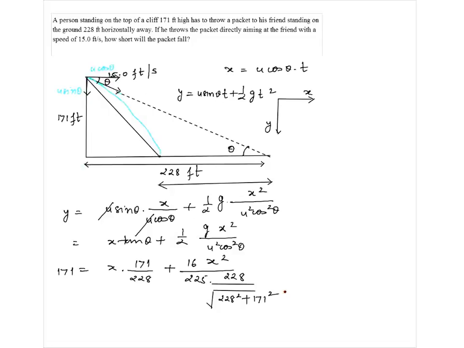But there is going to be a square, cos square theta, so the root will go. At least one thing is good, root is gone. But still, a big one.